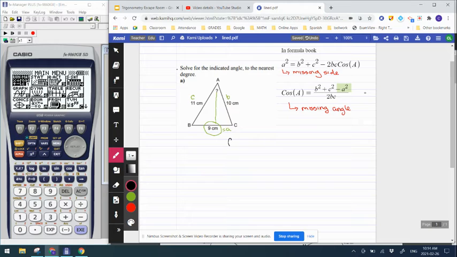So we're looking for cos A equals, so B squared, that's going to be 10 squared, plus C squared, 11 squared, minus A squared, which is 9 squared, all over 2 times 10 times 11.